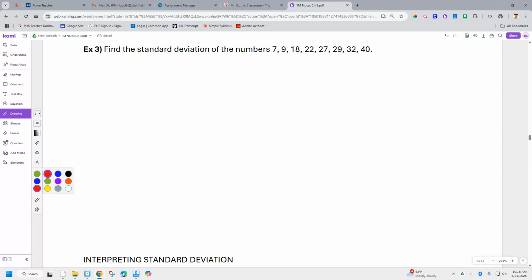Number 3, we're going to find the standard deviation of the numbers 7, 9, 18, 22, 27, 29, 32, and 40. I'm going to start by just writing down my equation again so I can remember what I have to find.